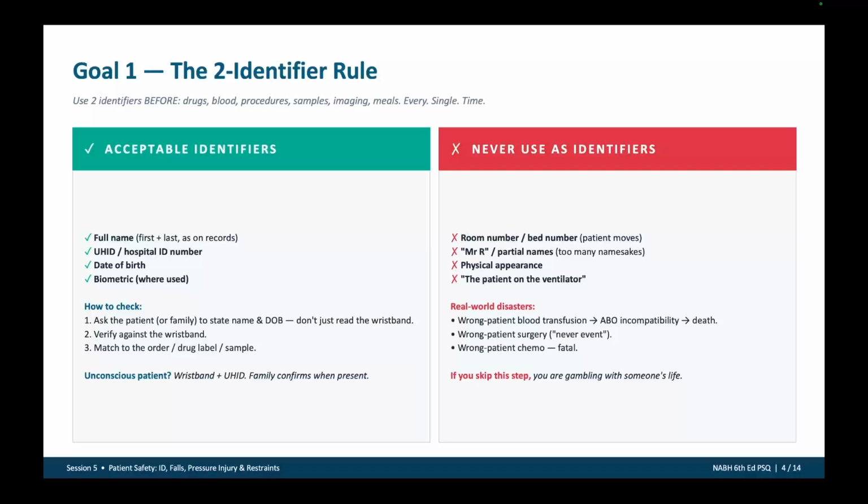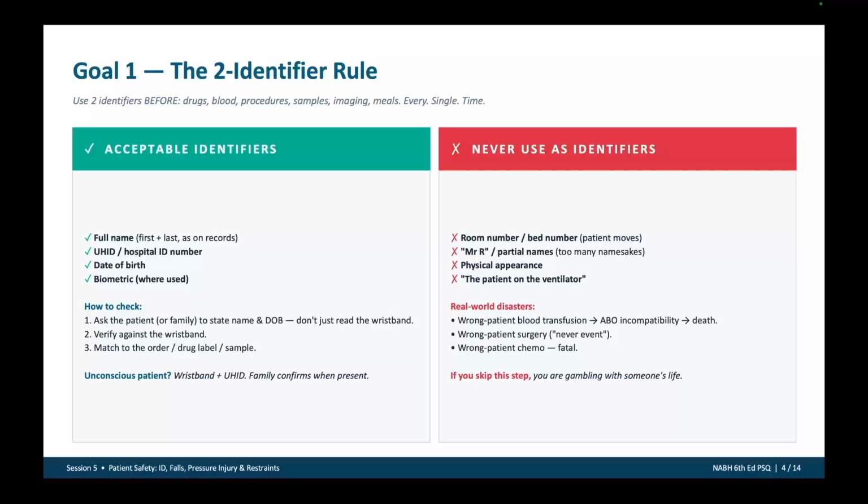In an unconscious patient, check the wristband plus UHID. Family confirms when present. Never use as identifiers the room numbers, the bed numbers, Mr. R or partial names, physical appearance, or the patient on a ventilator, etc. Real world disasters: wrong blood transfusion results in ABO incompatibility and potential death.